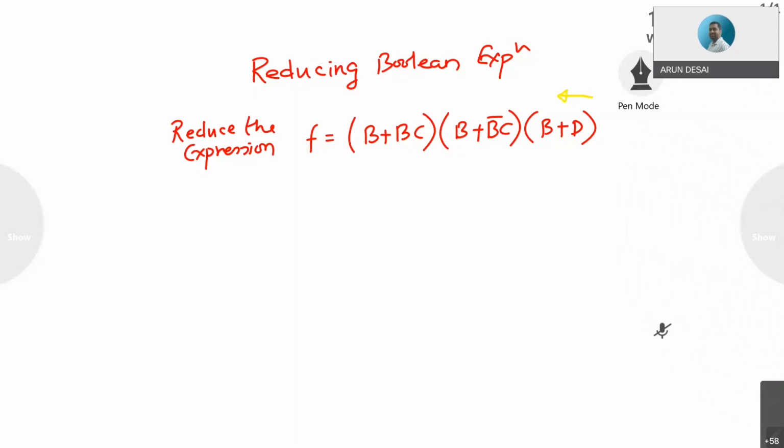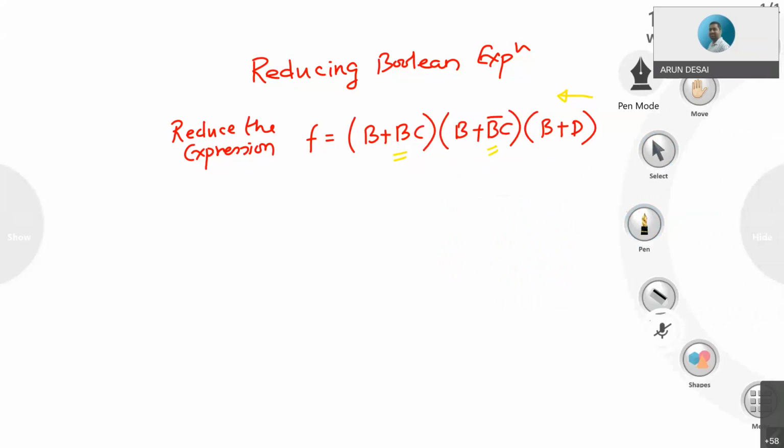Usually we start solving the expression or removing parentheses from right to left. But in the given example, you will find that a variable and its complement are present in two terms. That means if you multiply the things, there is a possibility that two terms are removed or discarded from the expression, right?